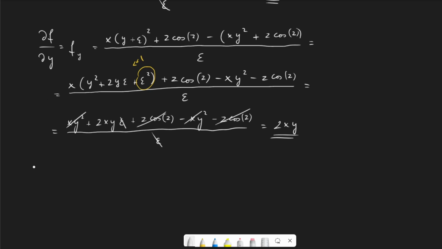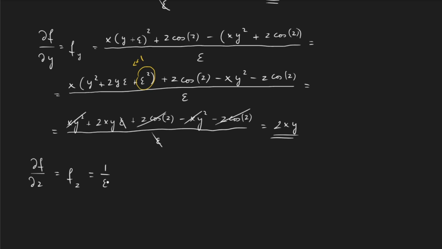And the last is the partial derivative with respect to z. This is f subscript z. And this time we will put z plus epsilon in the place of z. Let me write it a little bit differently: 1 over epsilon here, and we will do the calculation in parentheses.